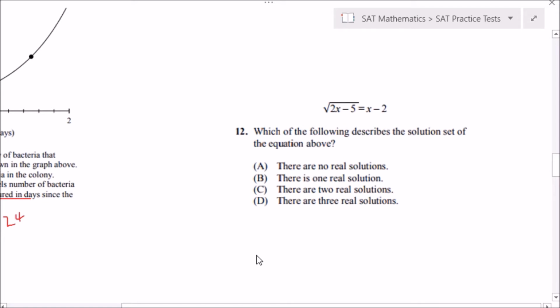Okay, number 12. Which of the following describes the solution set of the equation above? So what we do here is square both sides. We raise it to the power of 2 on both sides. That cancels out the square root on the side, and we get 2x minus 5 is equal to x minus 2 squared.